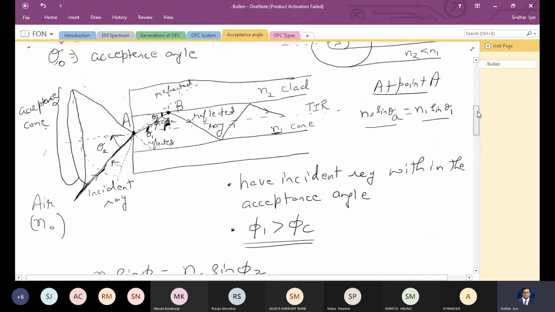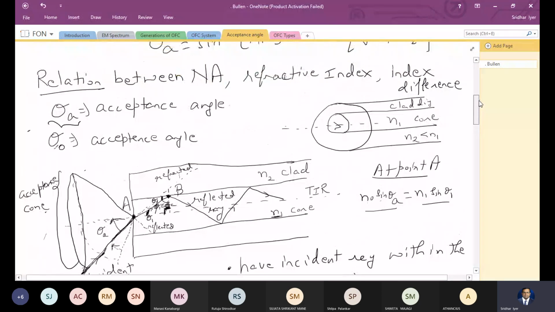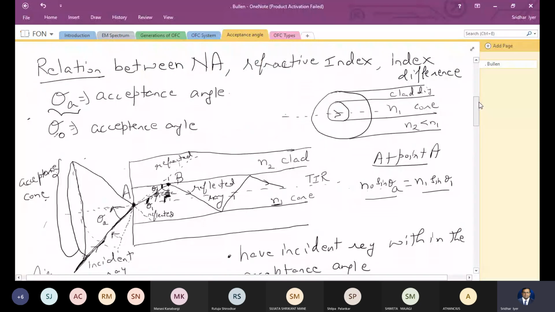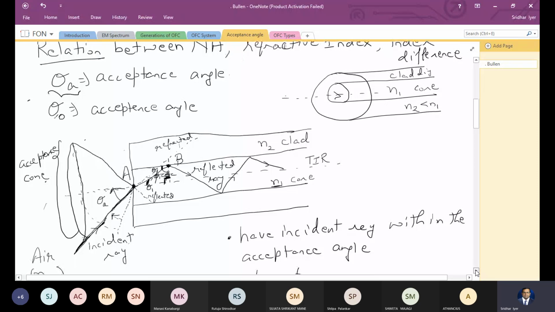I'll just give you a minute. I'll just scroll through this screen, and you just see if you have understood everything. Is everything clear, or is it something that you have not understood? I will keep scrolling so that you can see that you actually understood.